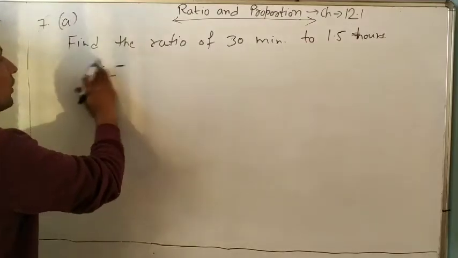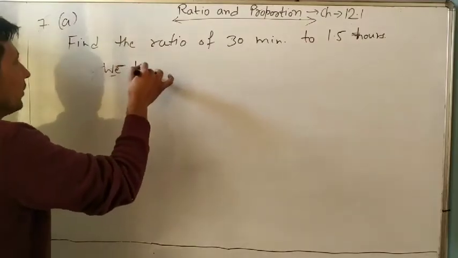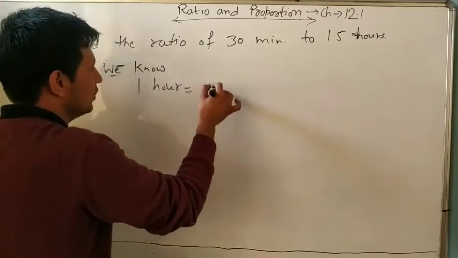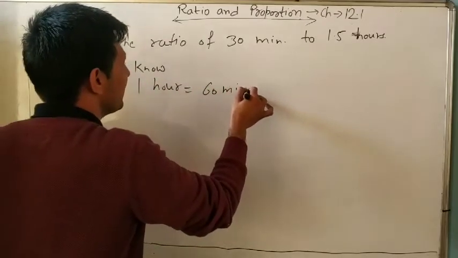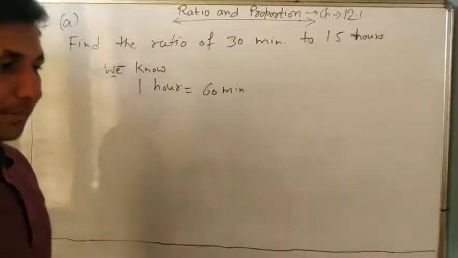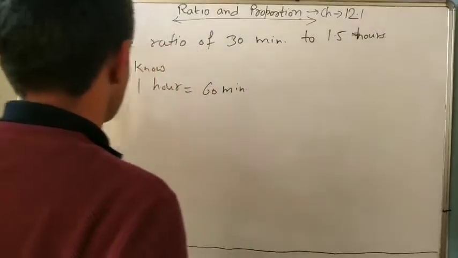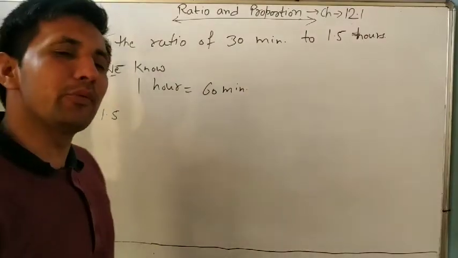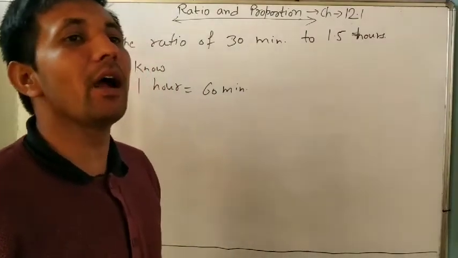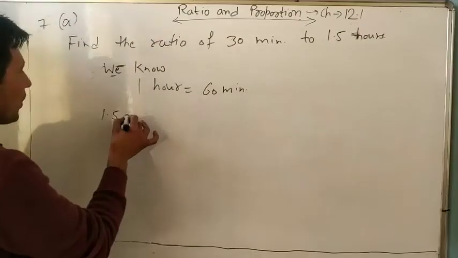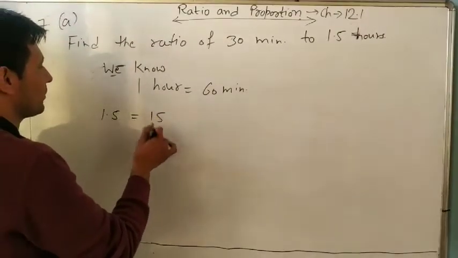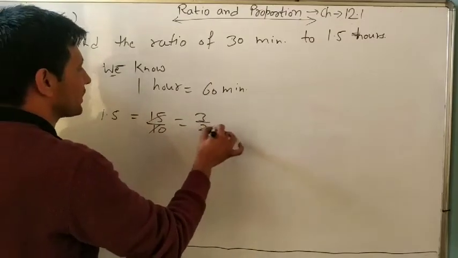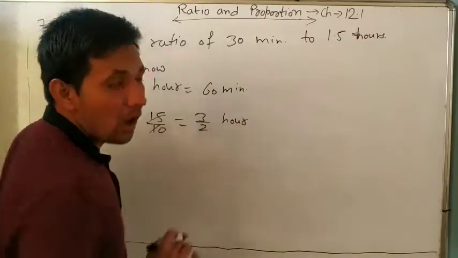So we know 1 hour is equal to 60 minutes. And 1.5 hours means 1 hour and half an hour. You can write 1.5, or you can write 3 upon 2 hours.